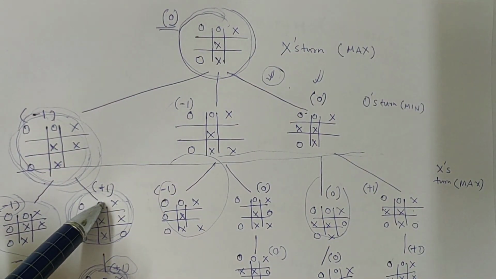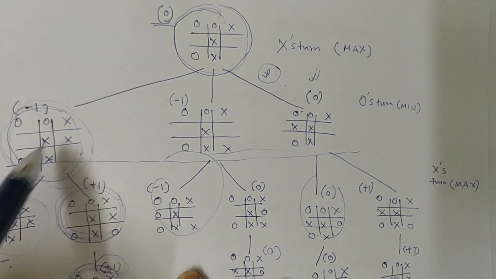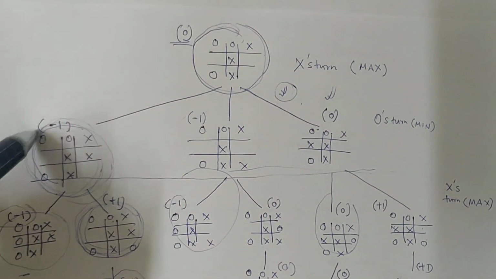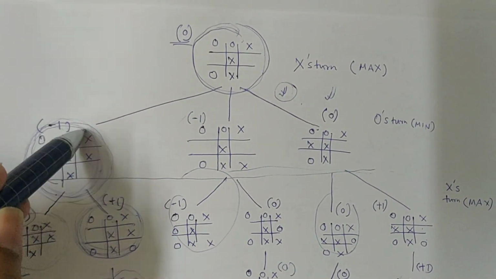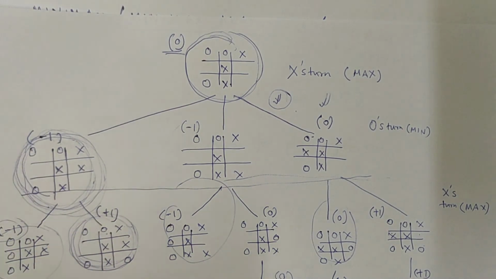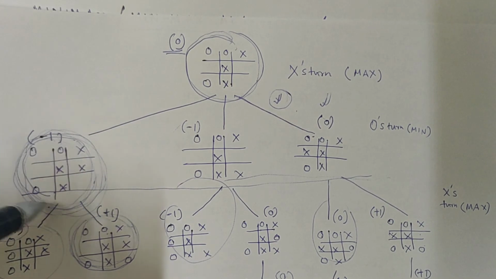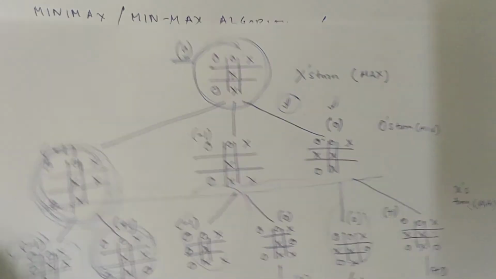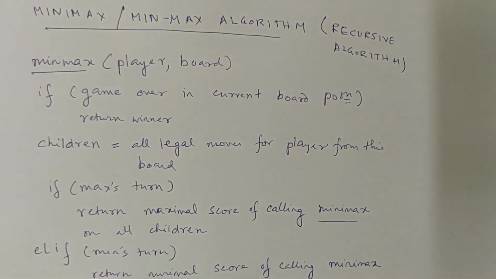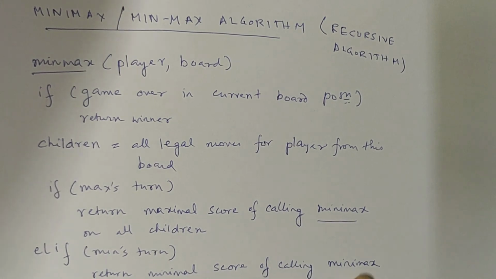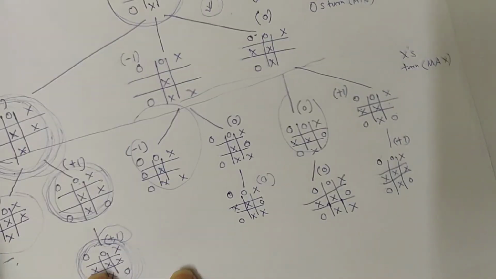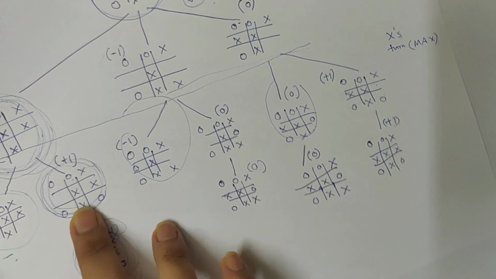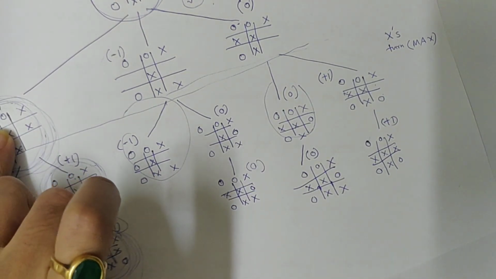Now the recursion works like a stack. You remember, we had not yet completed the operation for this. When we passed this state, it was Min's turn and it said return the minimal score of calling minimax on all children. I have called minimax on all children and got their scores. I have to return the minimal score.